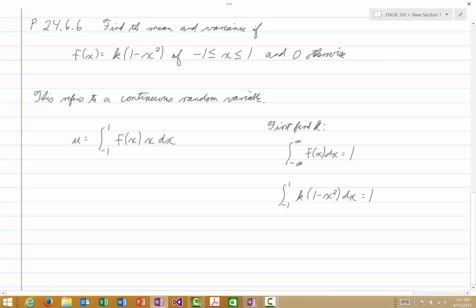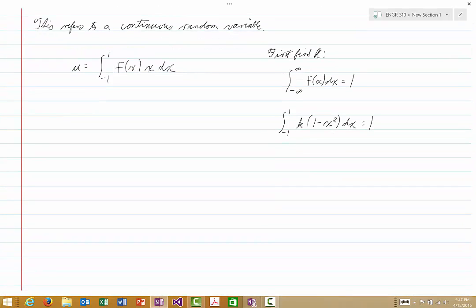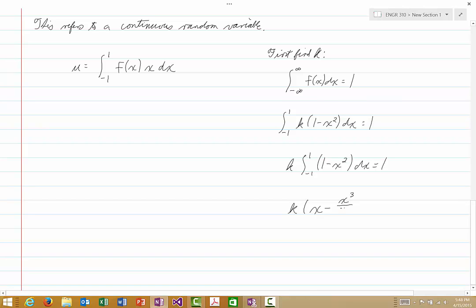And so the integral can be written in this form, and therefore if we take k out of the integral, we'll get k times the integral from -1 to 1 of 1 minus x squared dx is equal to 1, and therefore we have k times x minus x cubed over 3, evaluated from -1 to 1, is equal to 1.